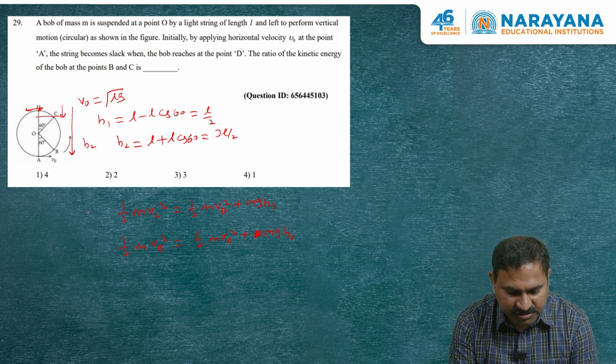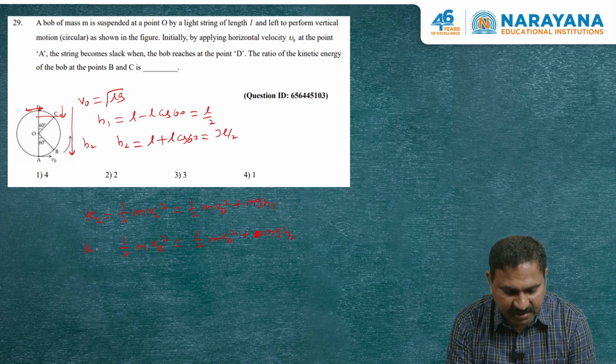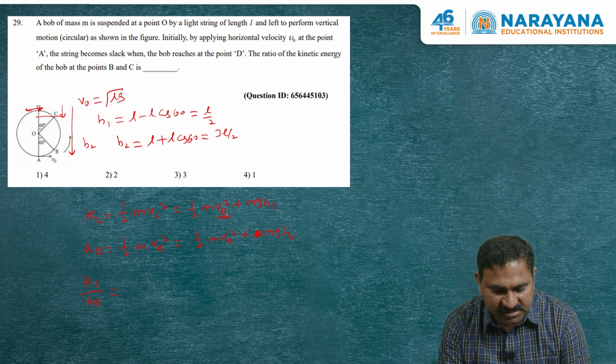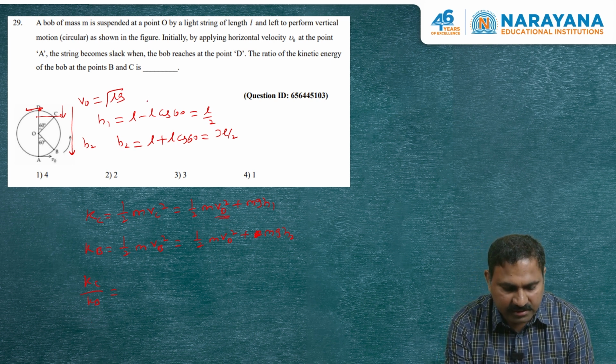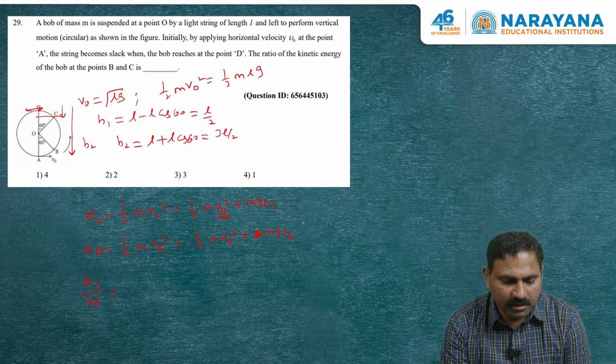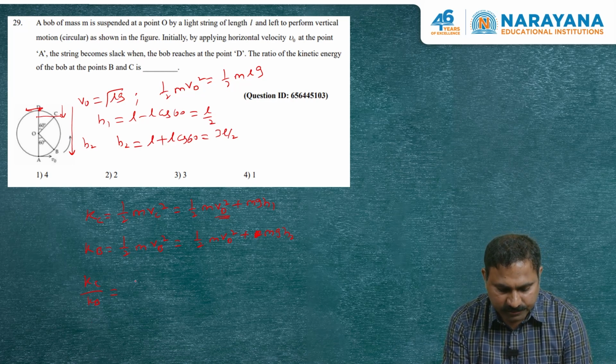Now, the ratio of these two, this is the kinetic energy at C, this is the kinetic energy at B. Kc by Kb comes out to be half m Vd square, and here we have the value of Vd square, which is Lg.